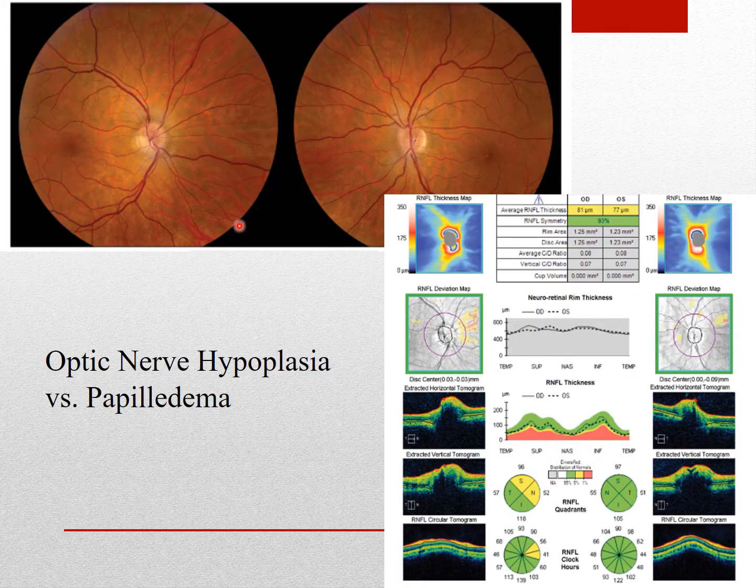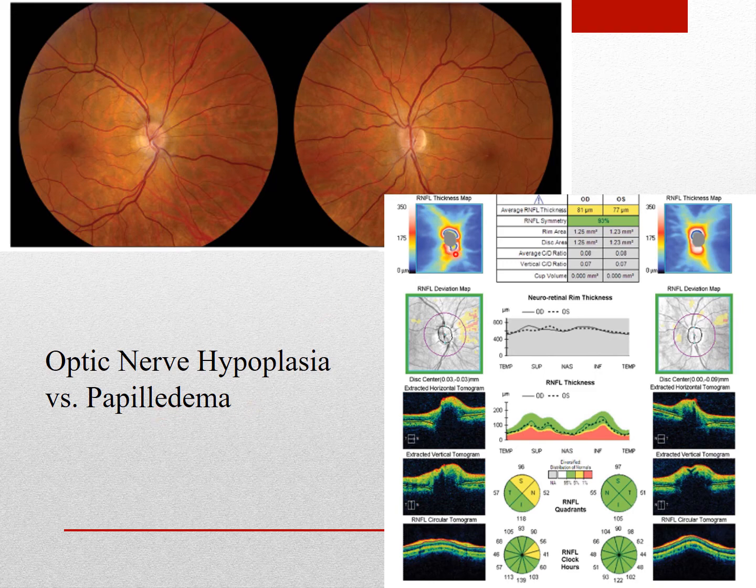Looking at the fundus photo, it's pretty hard to see what is going on here. The nerves look small in both eyes, but it kind of looks swollen too, right? So it's pretty hard to tell by just looking at the fundus photo: is this an optic nerve hypoplasia or a papilledema?